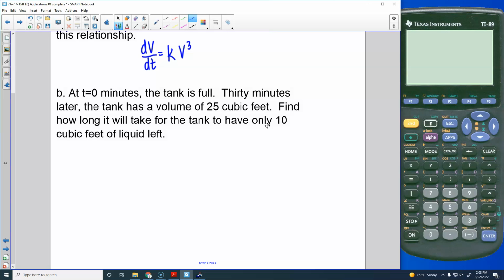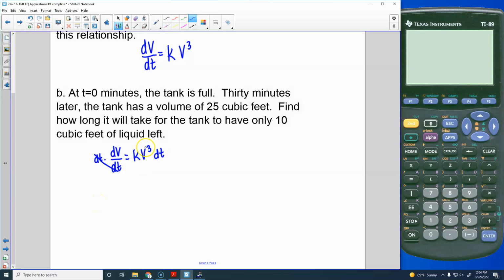Okay. So those numbers, before we can plug in any of them, we need to solve the differential equation. So we're going to have dV/dt equals kV cubed. We can't do anything with that dt in the denominator, so we're going to multiply by dt over here.